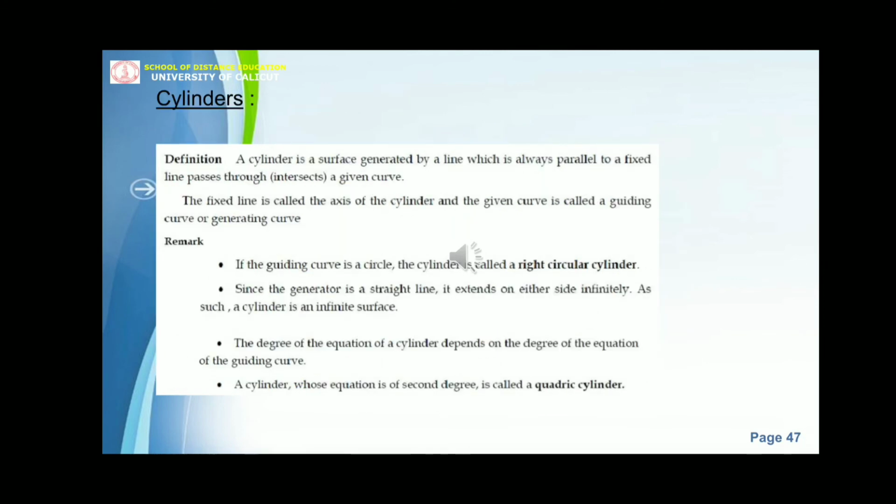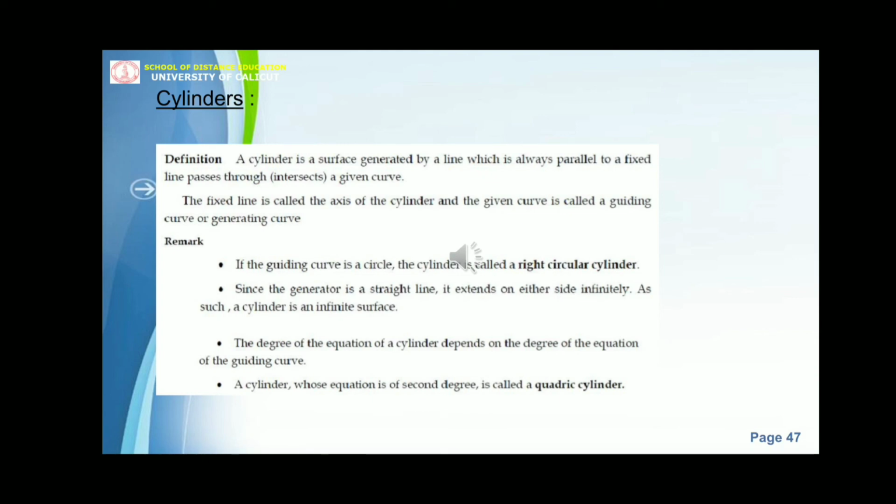A cylinder is a surface generated by a line which is always parallel to a fixed line and passes through a given curve. The fixed line is called the axis of the cylinder, and the curve is called the guiding curve or the generating curve. If the guiding curve is a circle, then we get our usual cylinder, which is called a right circular cylinder.